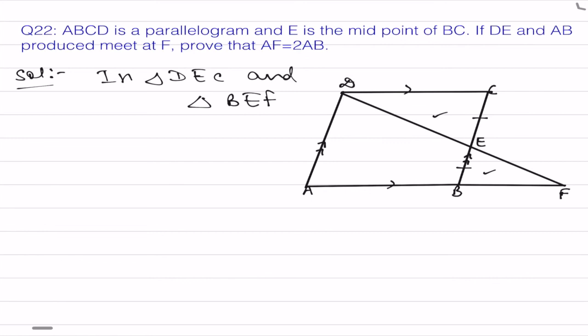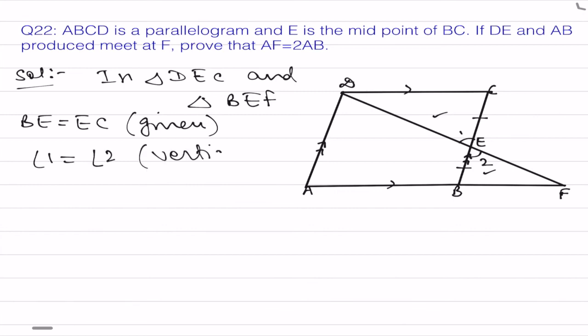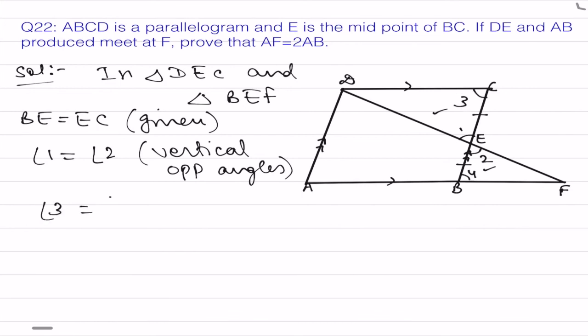So here we can see that BE is equal to EC, it's given as E is the midpoint. Second, we can take these two: angle 1 and angle 2 are equal as both are vertically opposite angles. And as DC is parallel to AF, angle 3 and 4 are equal because these are alternate angles.